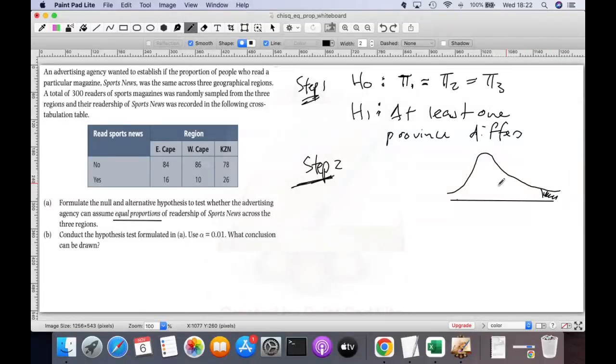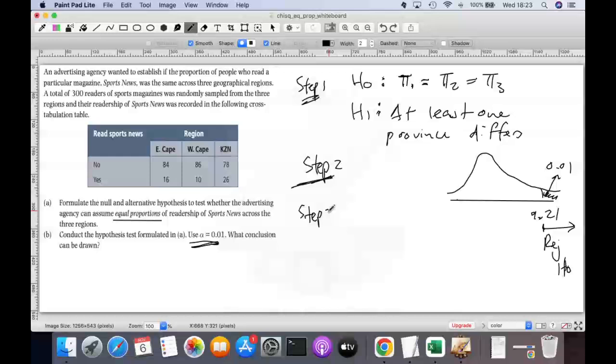Our level of significance for rejection is 0.01. So here it's 0.01, and your critical value is 9.21. All right, so anything greater than this, we reject H0. Otherwise, we accept H0. That's just step 2.